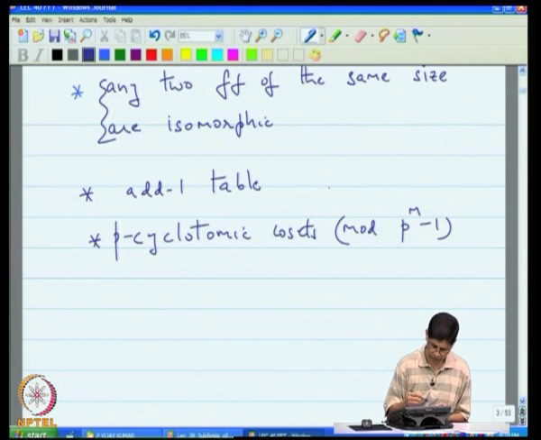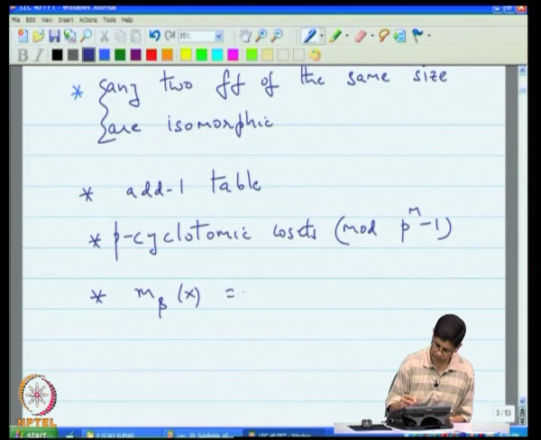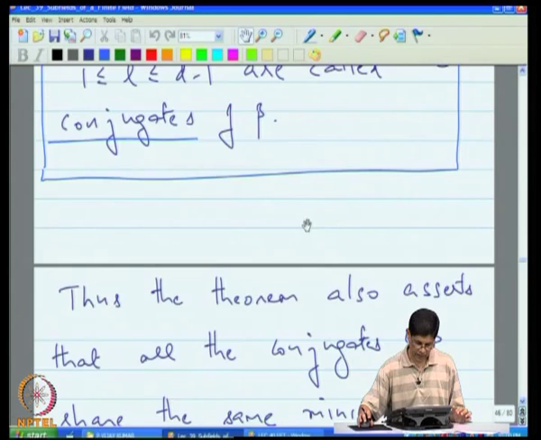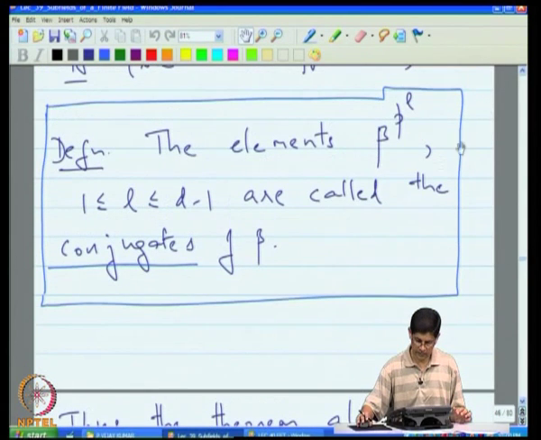So, let us put that down. The powers of beta of the form beta to the p to the L are called the conjugates of beta.